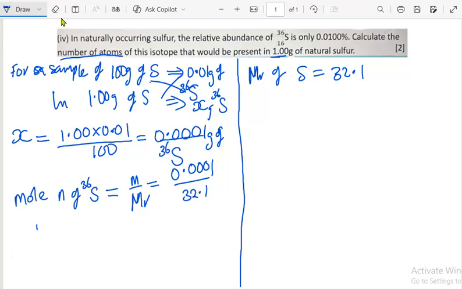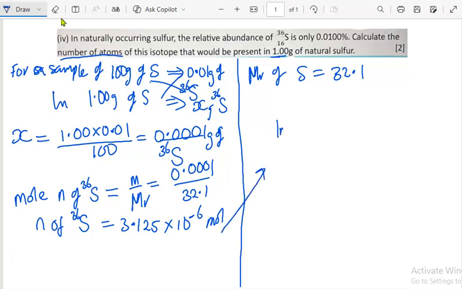So the number of moles of sulfur-36 present in that mass is, this divided by this, 3.125 times 10 raised to the power minus 6 moles. Since we have found the moles, the rest is history. Convert the moles to number of atoms or particles.